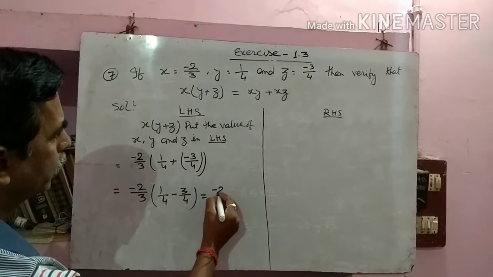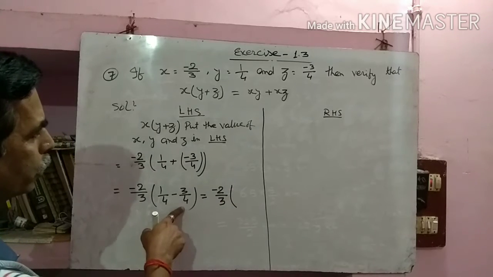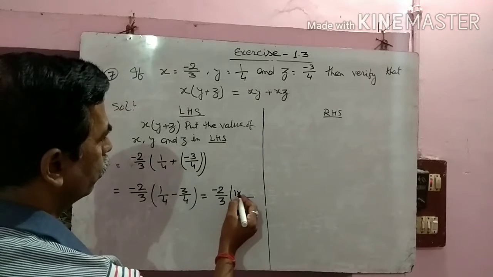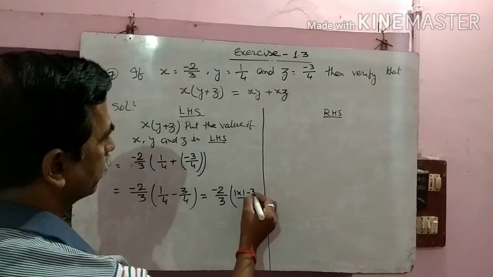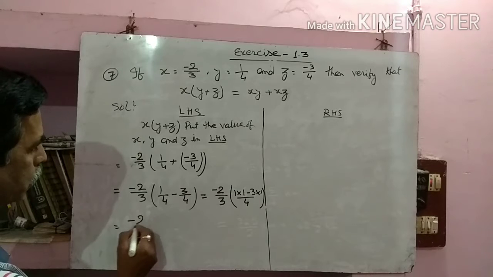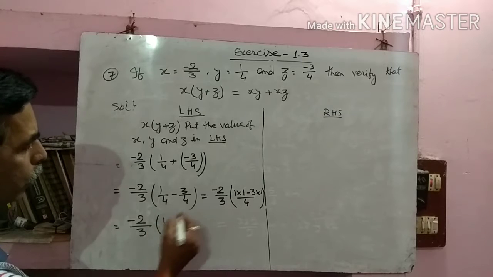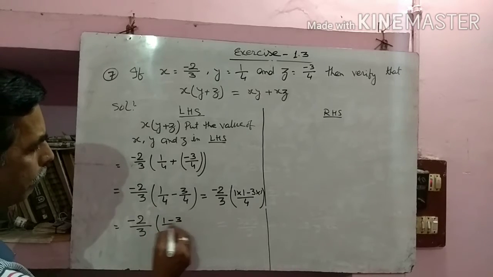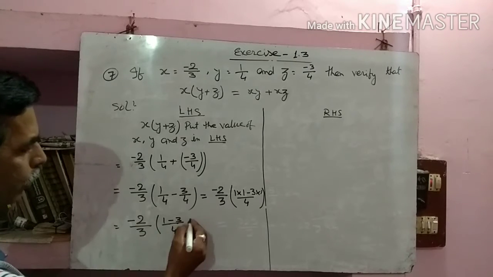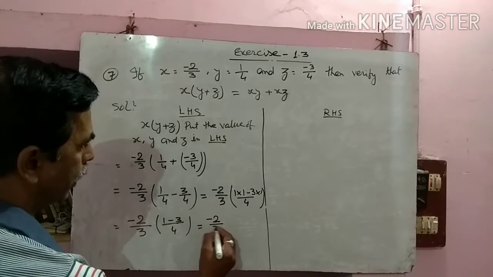These two have the same denominator, so the LCM is 4. 1 into 1 is 1 minus 3 by 4. Okay, so it becomes minus 2 by 3.